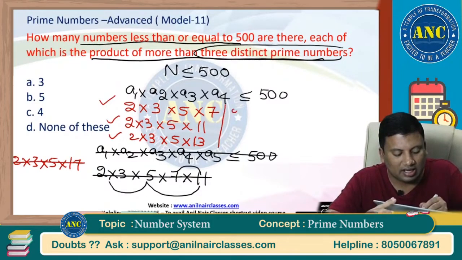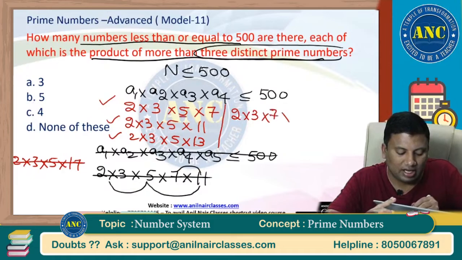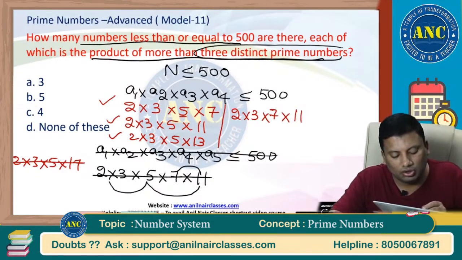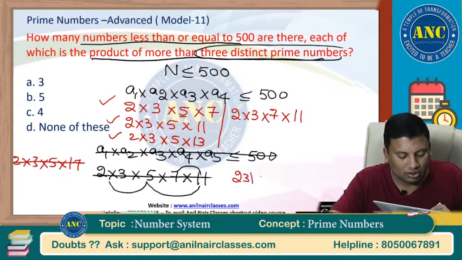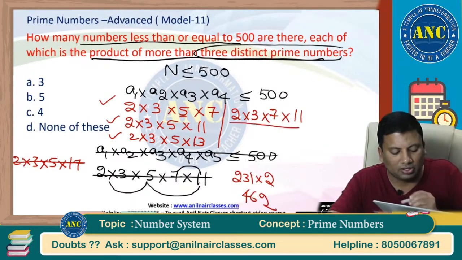3 cases came here. Next it is 2 into 3. Instead of 5, I will keep 7. After 7, what is the next prime number? 11. 2, 3, 7, 11. 7 11s are 77, 77 3s are 231, 231 into 2, 462. This is also a possible case.